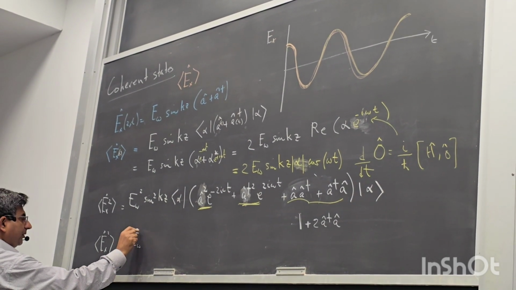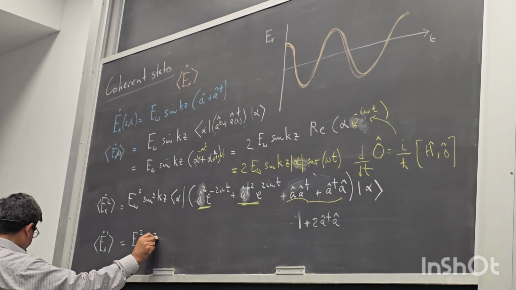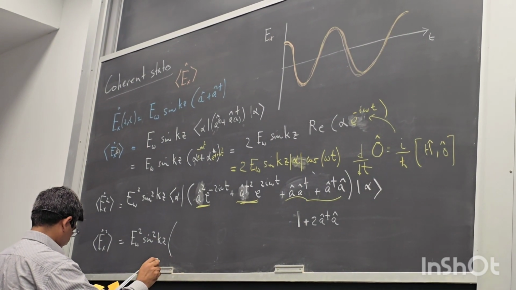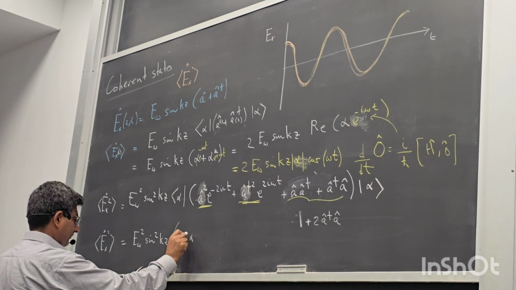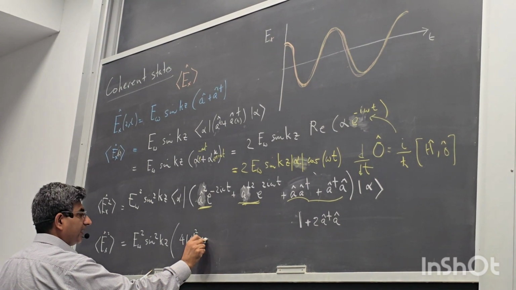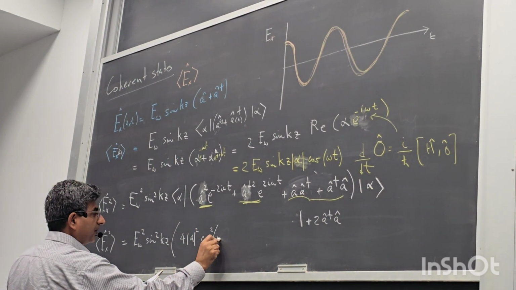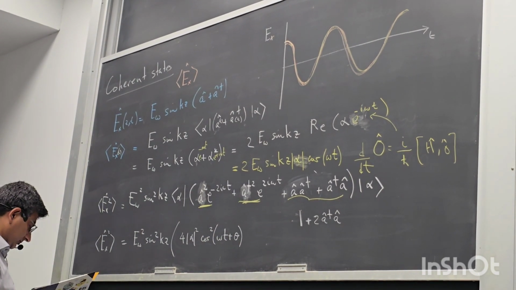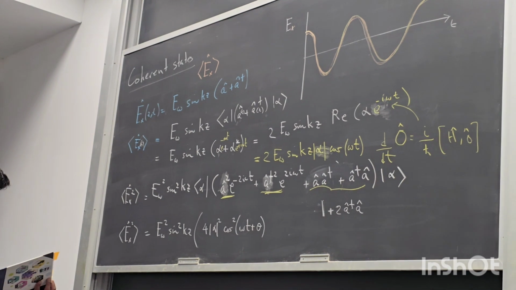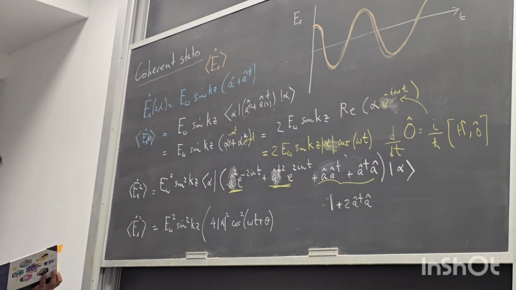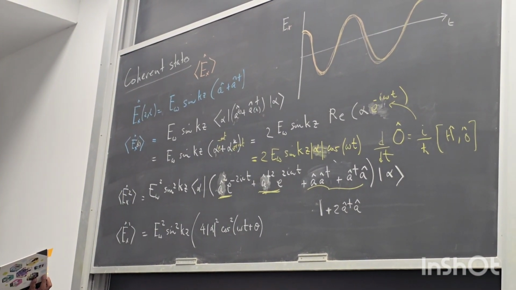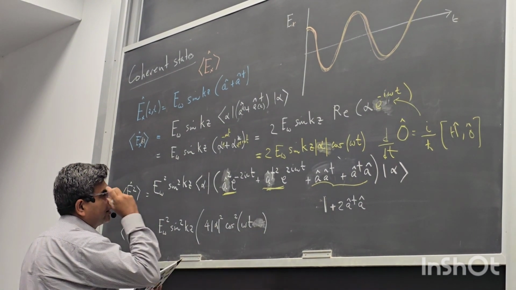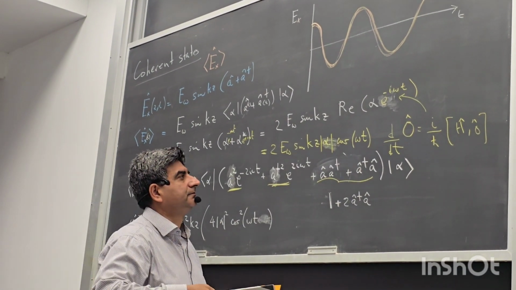E omega square sine square kz, 4 alpha square cosine square omega t plus theta. I don't have a theta, right? I can insert a theta here if I want to.